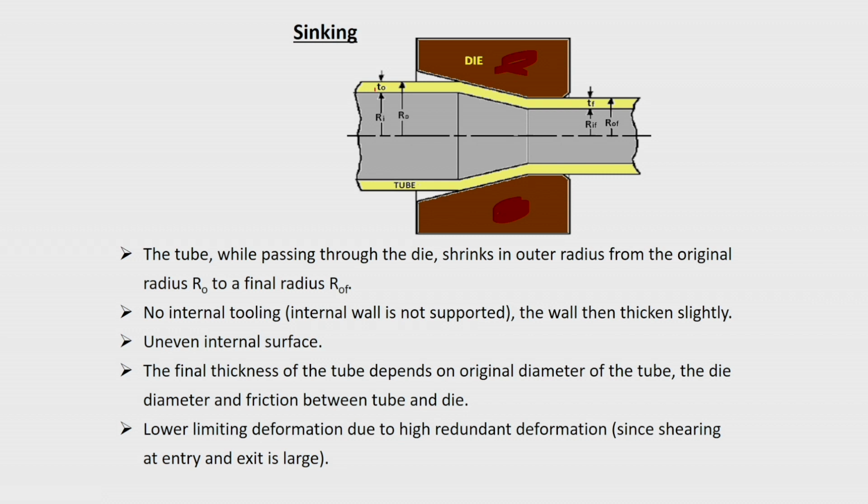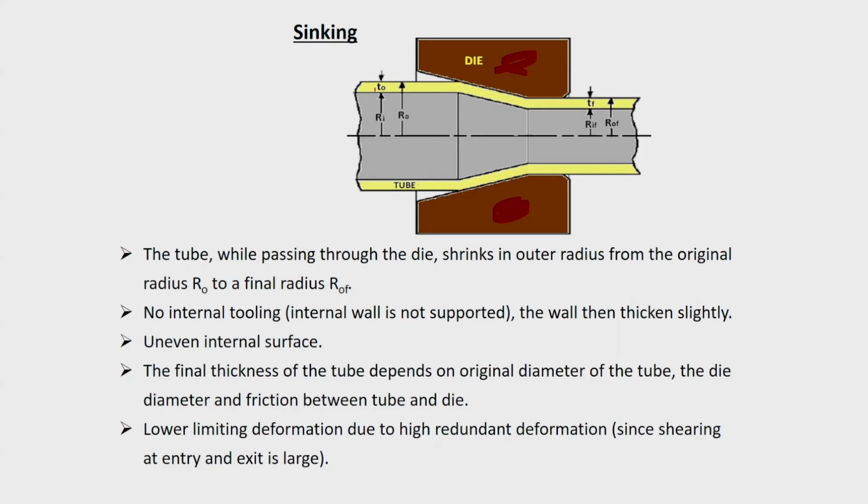Because the inside is not supported by anything and is free, you will find that the inside surface is non-uniform or uneven. The thickness is not uniform. Sometimes it may get misplaced: on one side the thickness may be low and on the other side it may be high. Plus, internal surface roughness will also be very high, because of uneven metal flow and some misalignment.